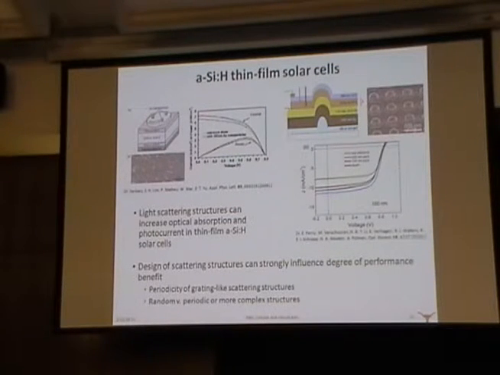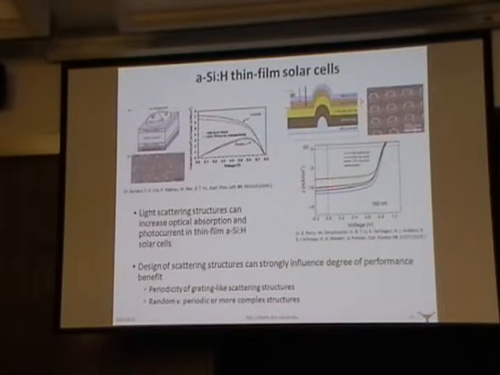And what you see is that compared to just a flat amorphous silicon solar cell, which is this green curve over here, if you have roughness with different periodicities, or in this case, randomly textured, commercially available Asahi glass, then you see a substantial increase in the current, and therefore in the efficiency.